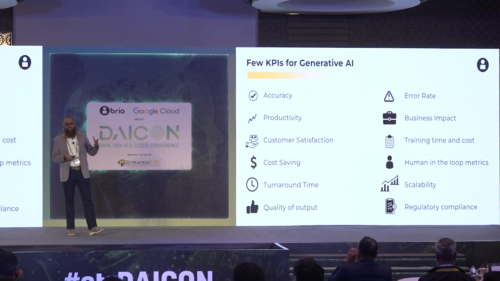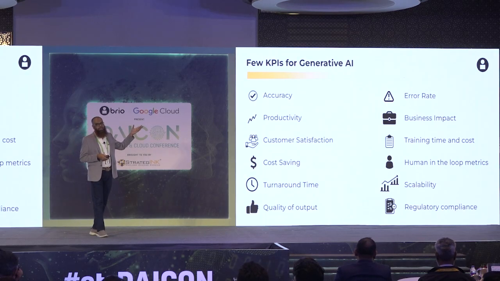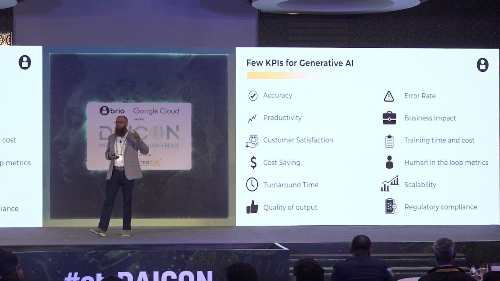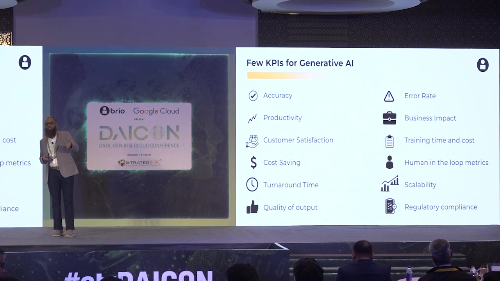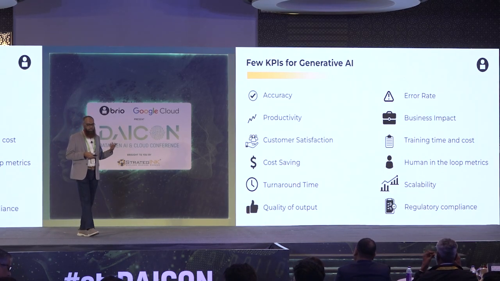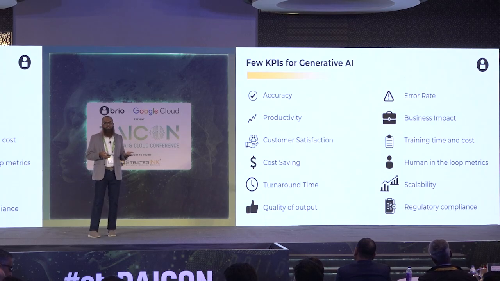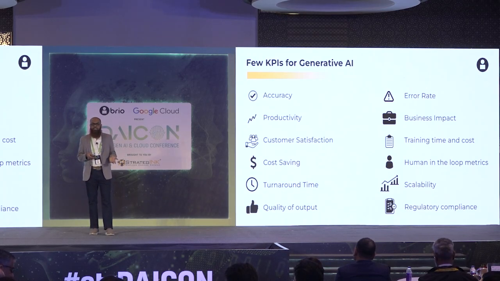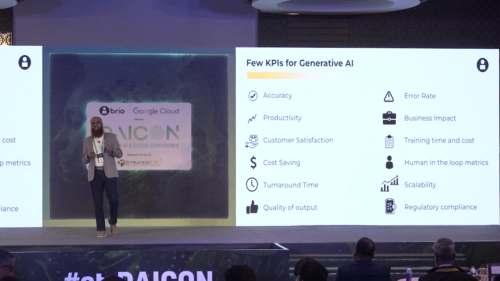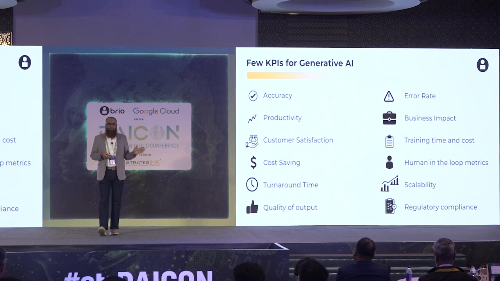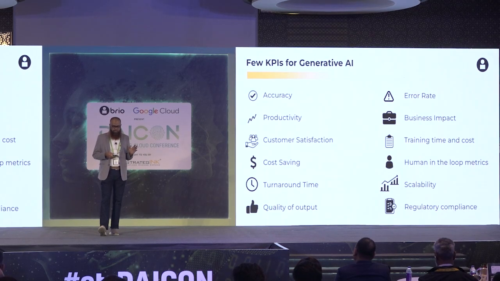If our goal is to make our teams productive, or to take customer satisfaction to the next level, are we achieving that or not? And of course, cost and security are other KPIs which we should constantly monitor. These are some of the KPIs which you can use to track the efficacy of the model you have created.